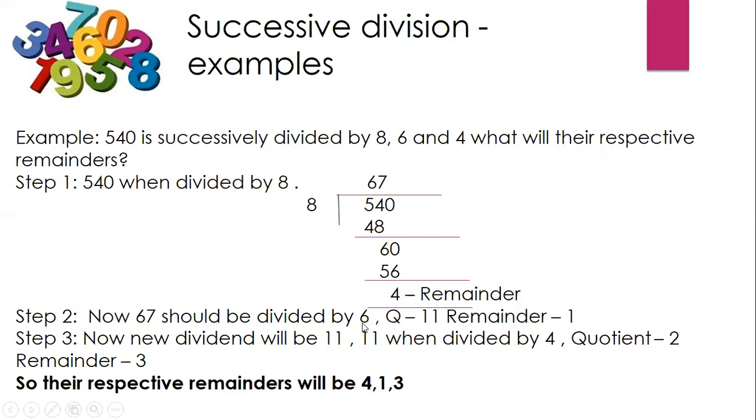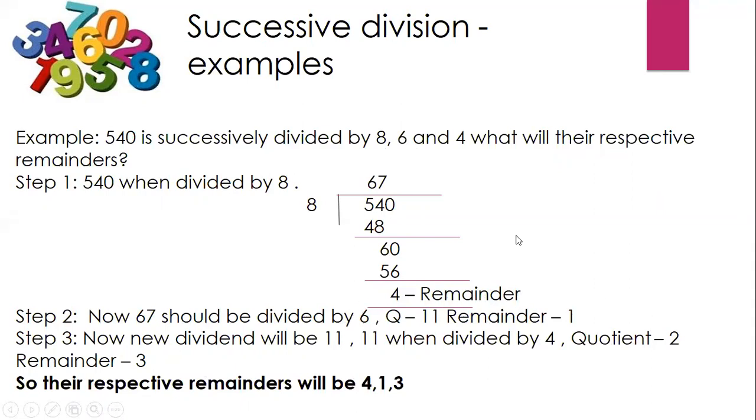So 67 when divided by 6, your quotient will be 11 and remainder is 1. When the third step comes, this quotient 11 has to be taken and divided by the third value which is 4. So 11 when divided by 4, your quotient will be 2 and remainder is 3. So the respective remainders will be 4, 1 and 3.